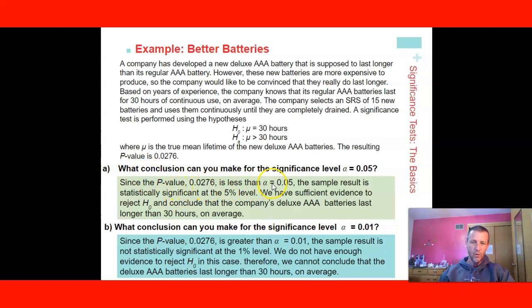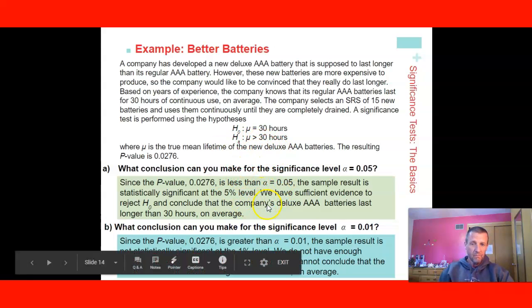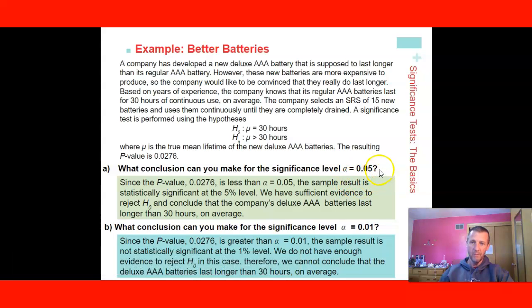Since the p-value is less than 0.05, if somebody before the test had said the alpha level we're using is 5%, this p is low. We would reject the null hypothesis, and I have evidence that my new batteries are better than 30-hour batteries. If the significance level we picked is 5%, we win. Our new batteries are better.